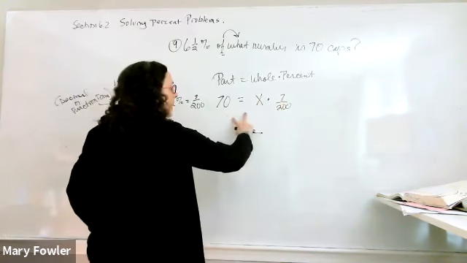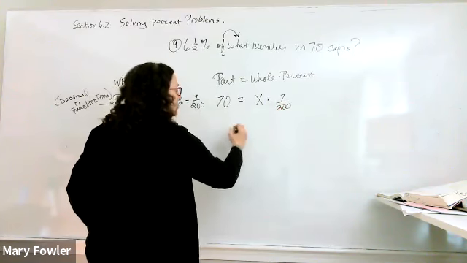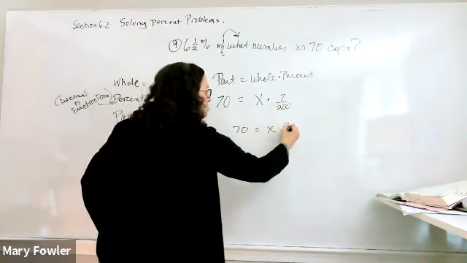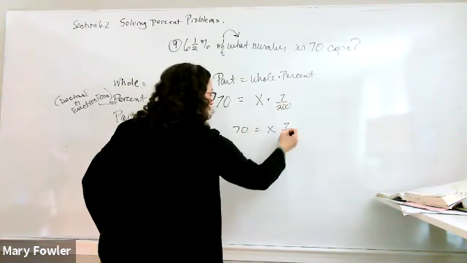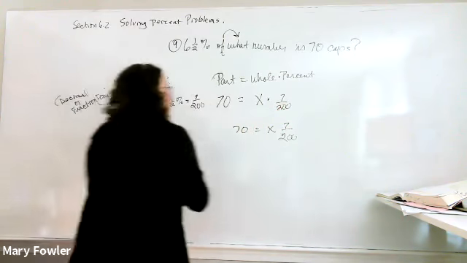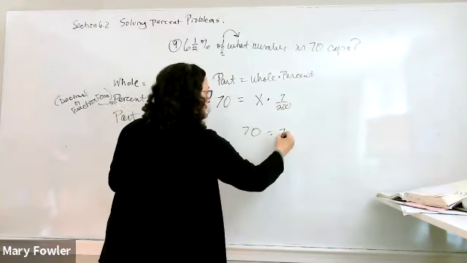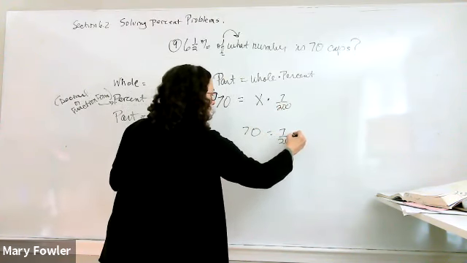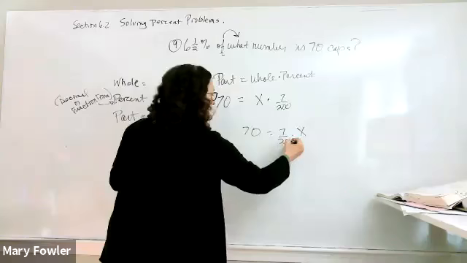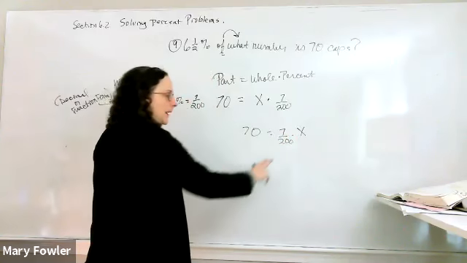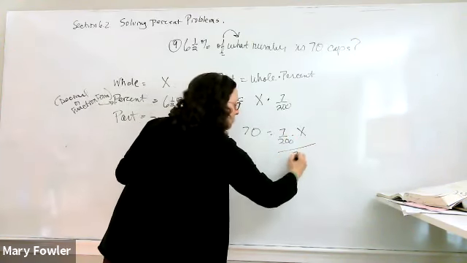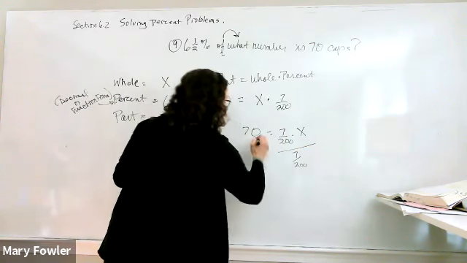To solve for X, we're going to multiply both sides. I just want to rewrite it so we have a little more space. Now we're going to divide both sides by 7/200.